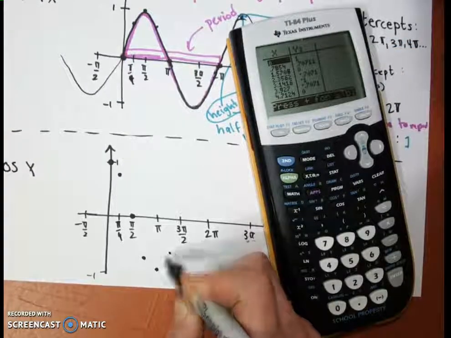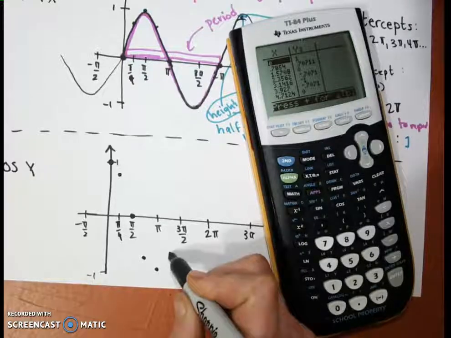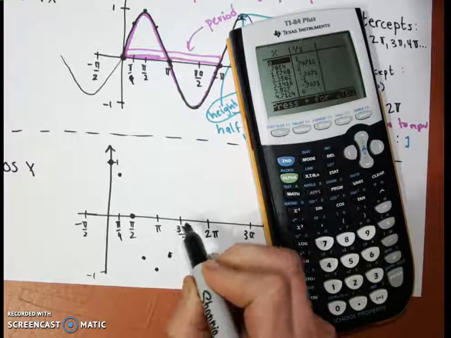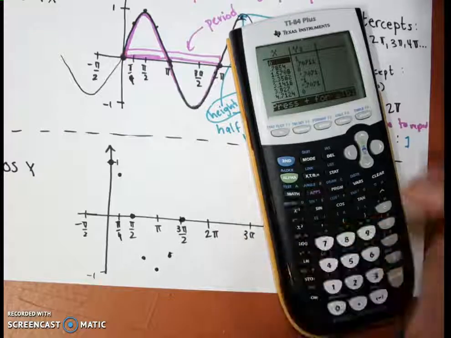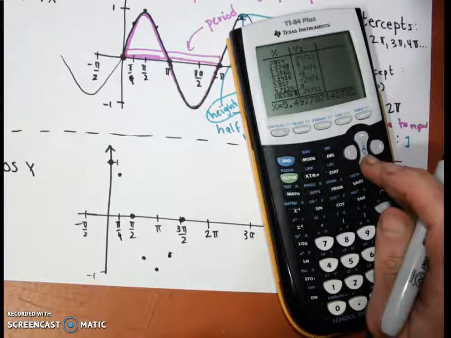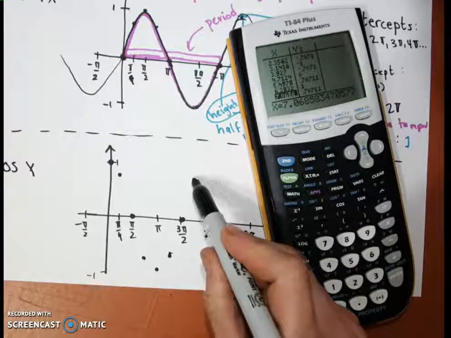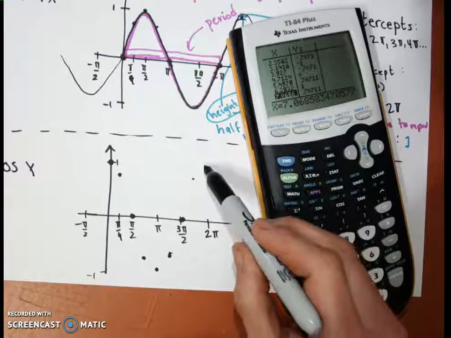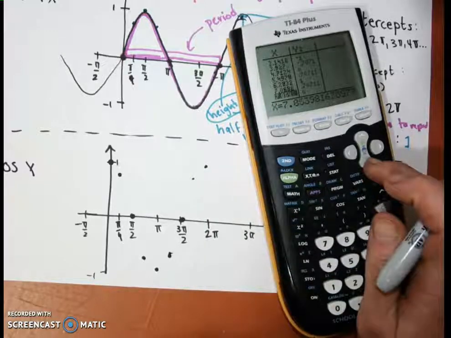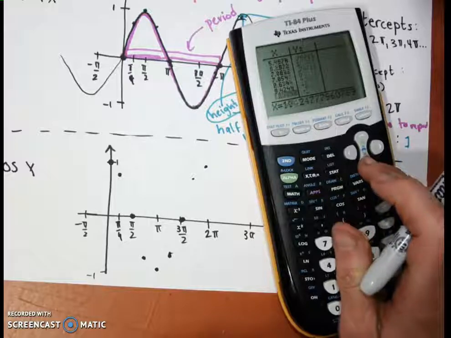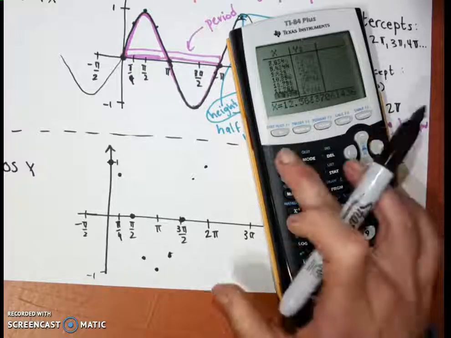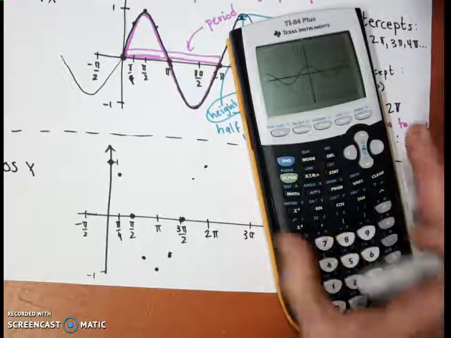Then we go back up to -0.7. At 3 pi over 2, we're back to 0. Then we go up to 0.7. At 2 pi, we're back to 1. And notice that these values just start repeating after that, because cosine is also periodic.